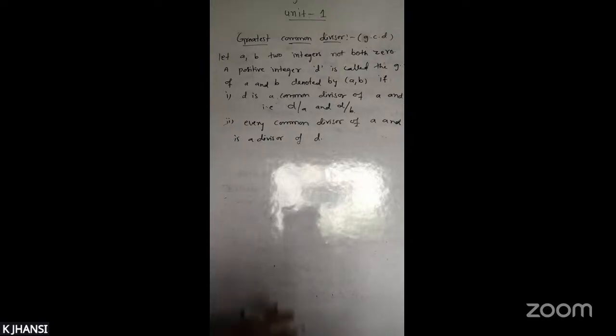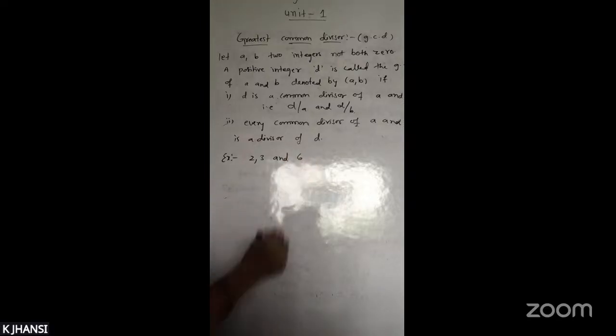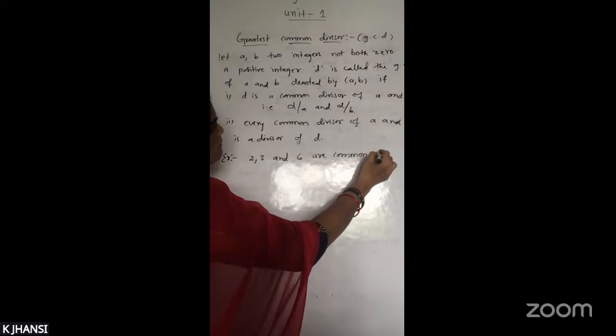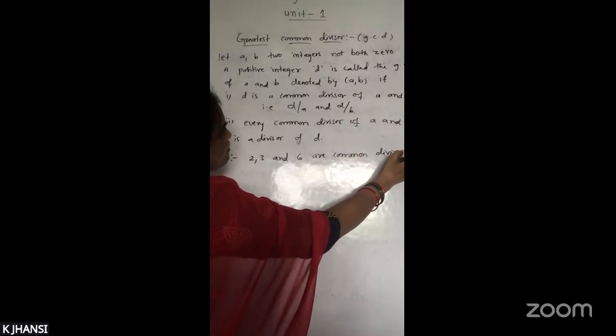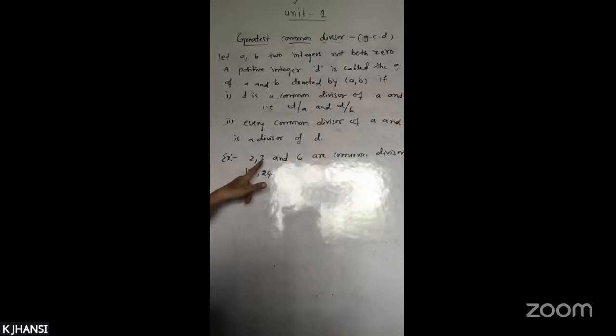So you can take the example. If 2, 3 and 6 are the common divisors of 18 and 24, when you divide 18 by 2 it goes 9 times, and by 3 it goes 6 times.